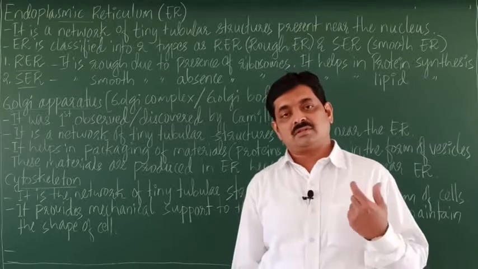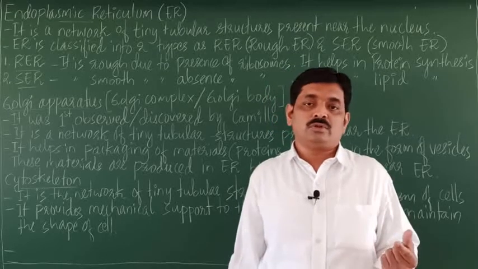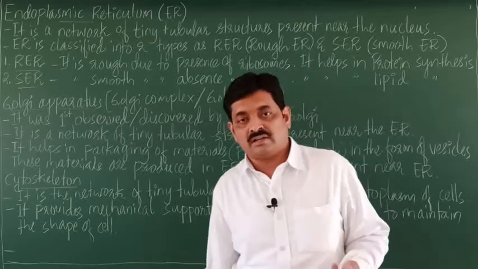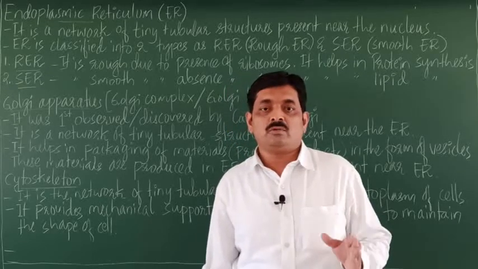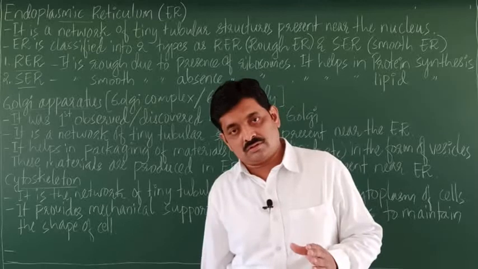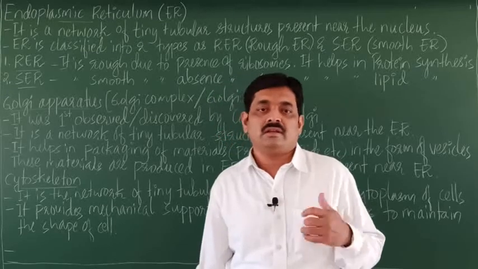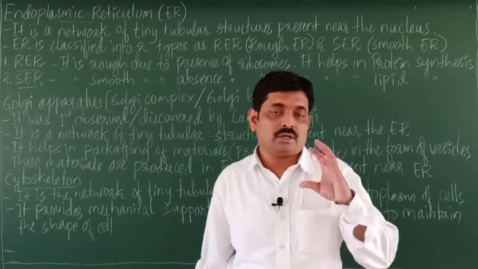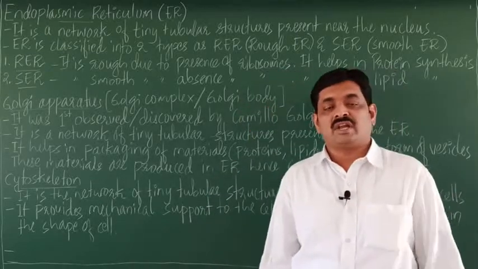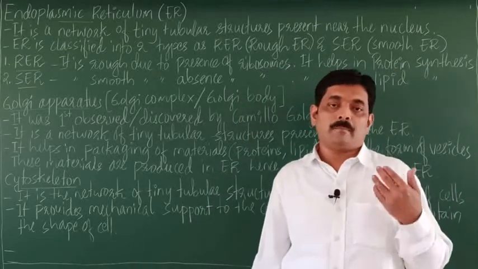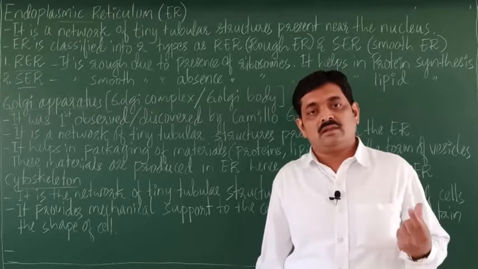It is a membrane bound cell organelle. It is called membrane bound cell organelle because it is having a membrane, the covering of endoplasmic reticulum. So it is called membrane bound cell organelle.